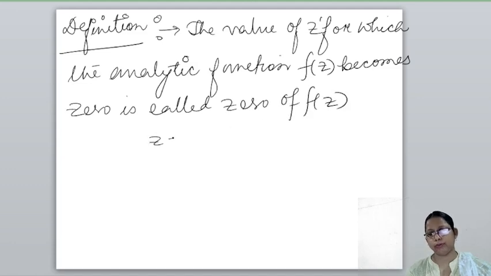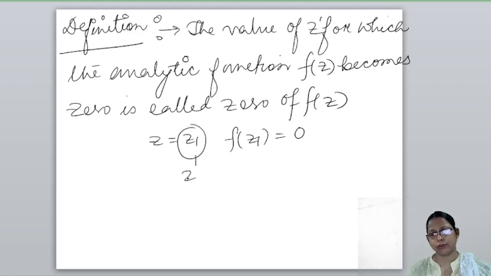That is, if for z equal to z1, my f(z1) is 0, if I replace z by z1 and f(z1) is 0, then z1 is called a zero of the analytic function.